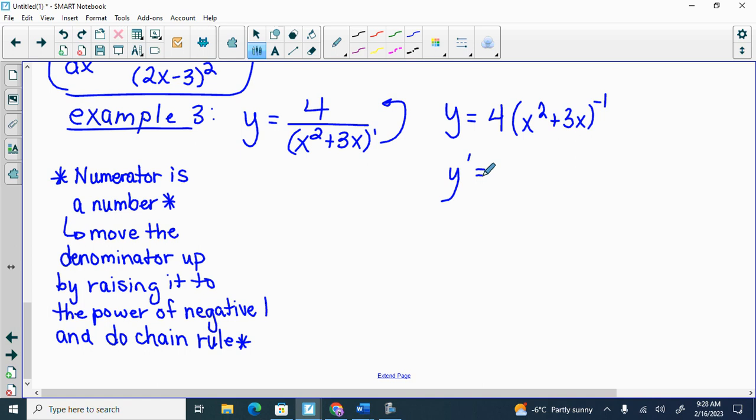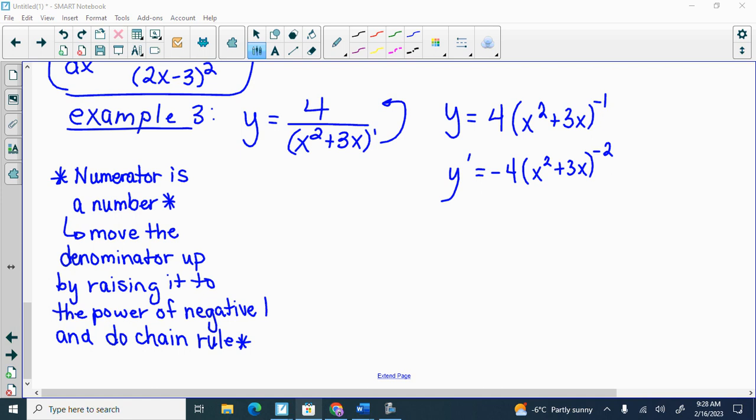Our x just happens to have a whole bunch of stuff in it. And by a whole bunch, I mean 2 terms. That's okay. So we would still do the same thing. The negative 1 drops in front. We get negative 4 times x squared plus 3x, which happens to be 2 terms, to the negative 2. Do you agree? I just did power rule with that bracket. Did I not? Nothing crazy. It's called chain rule because you get chains behind it, right?